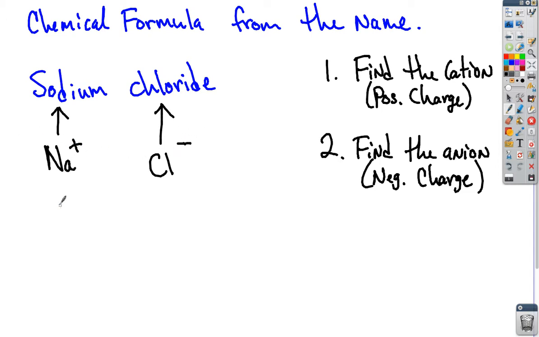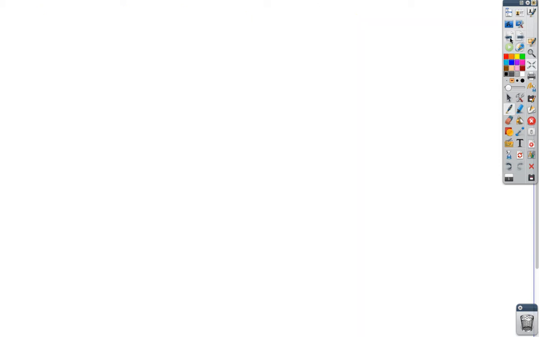This is positive 1 and this is negative 1, and they cancel each other out. So we can just eliminate the charges and write the symbols of the elements to make our compound, NaCl, sodium chloride.